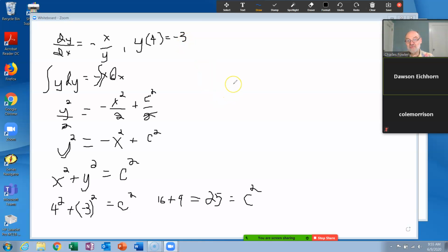So it's a circle of radius 5, but you're down here, and to have a function, that would be the semicircle of radius 5 in the lower half. So, does that mean the c is negative?